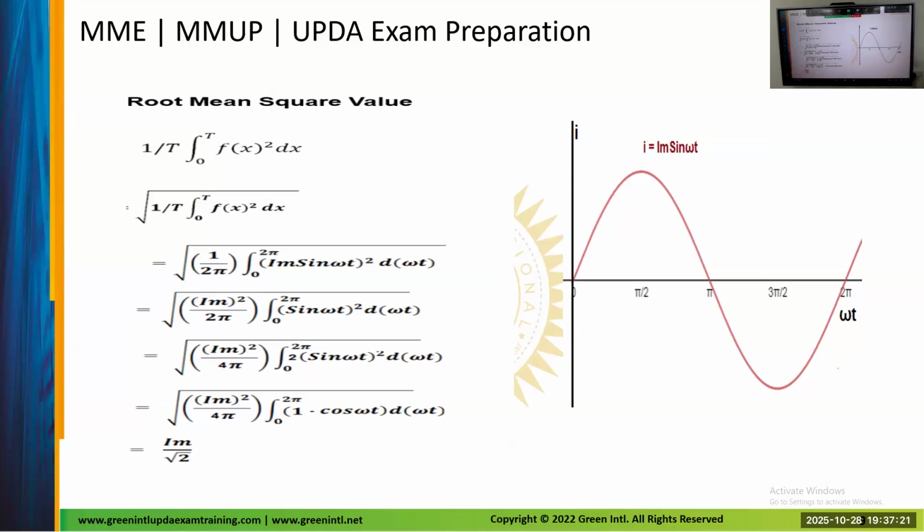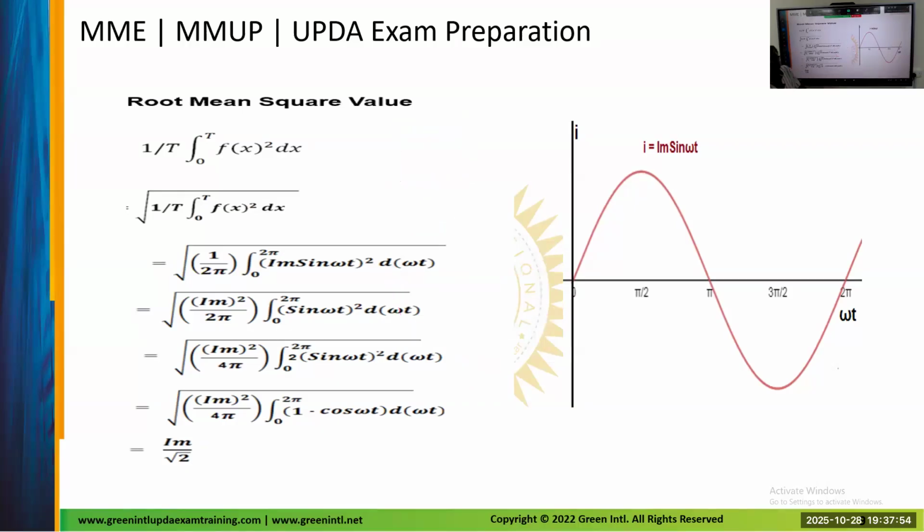In mathematics, in integration, for a curve we find the area of the curve. For a regular shape, we have a formula. For example, for a square the area is a squared, and for a rectangle the area is L into B. So for a regular shape we have a formula. For an irregular but closed shape, we may use integration.